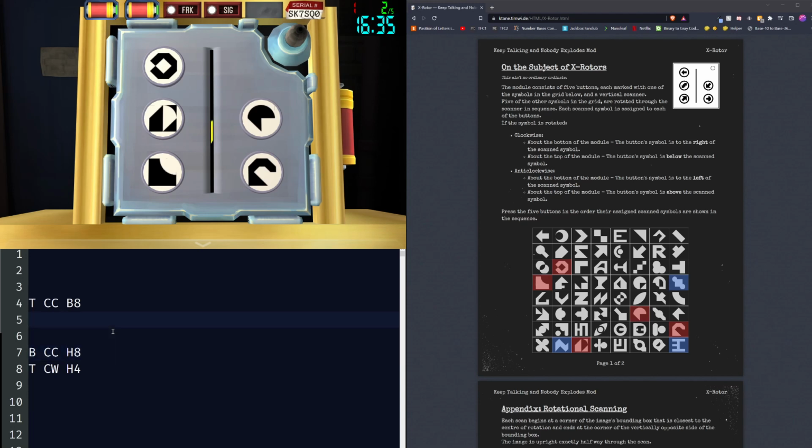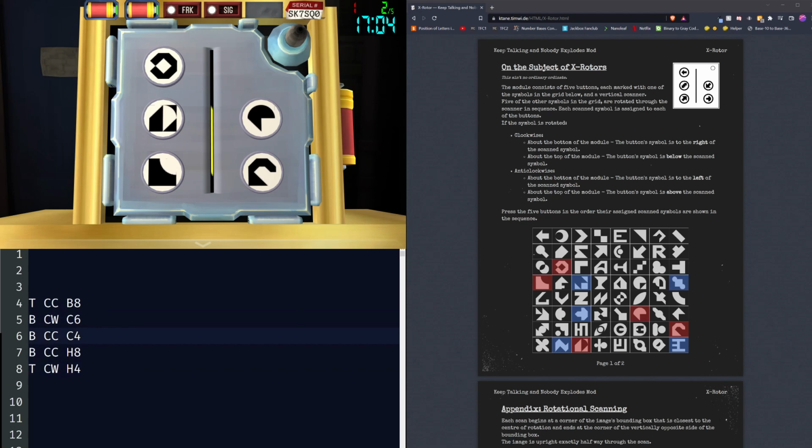These are the last two, then you start here. Top counterclockwise B8, yep. Then we have bottom clockwise C6. Bottom counterclockwise C4. Alright, now we're gonna look at this.